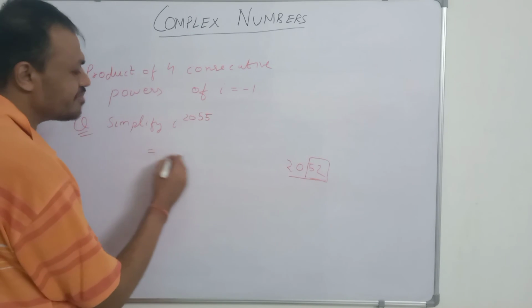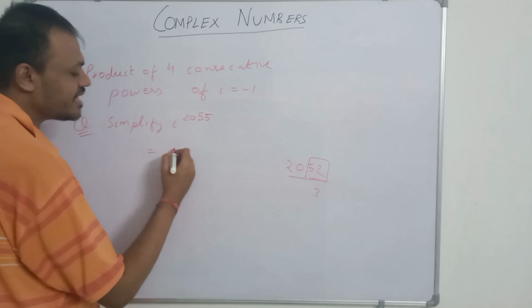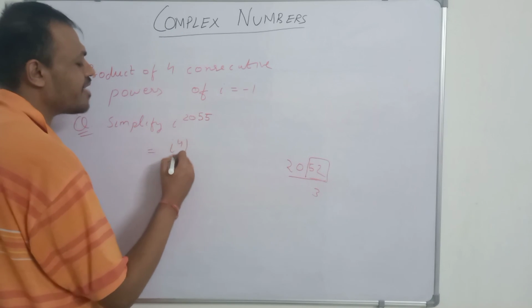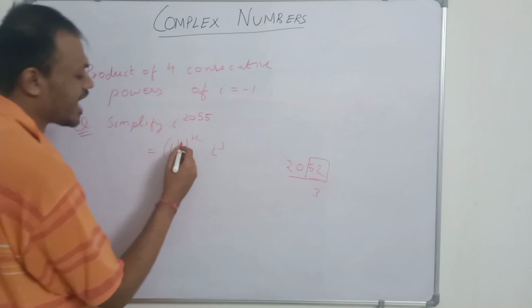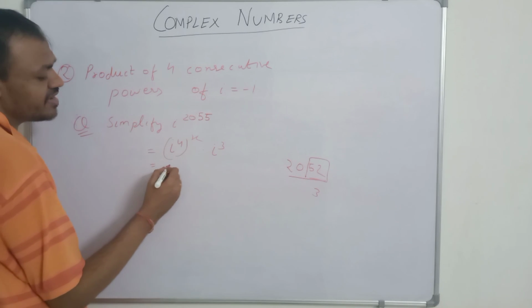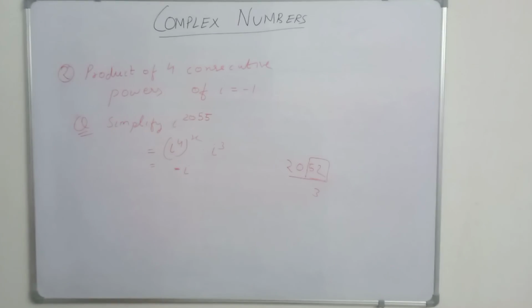So the remainder will be 3. So it will be iota to the power 4 of some number, let's say x, dot iota cube. So iota to the power 4x is 1, and iota cube is equal to minus iota. So iota to the power 2055 will be equal to minus iota.